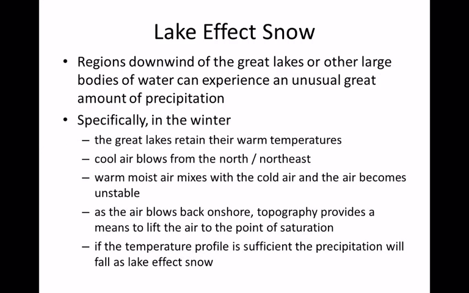So what can happen, especially in the fall as we're transitioning, or in the winter, but you're going to see a picture here in a minute, is you can have a cold and dry, continental polar air mass move over the Great Lakes. If the Great Lakes are kind of warm, they add moisture to that cold and otherwise dry air mass. It becomes changed, and then it dumps on the other side of the Great Lake.